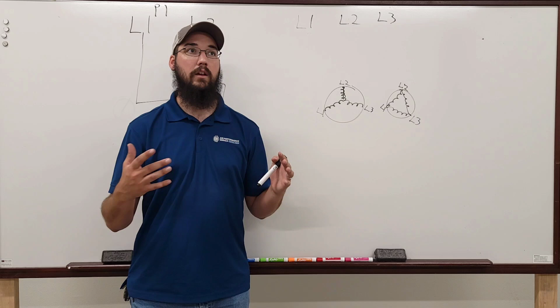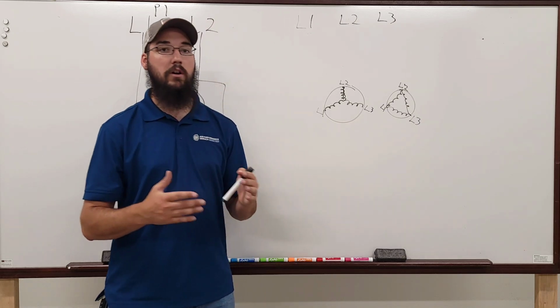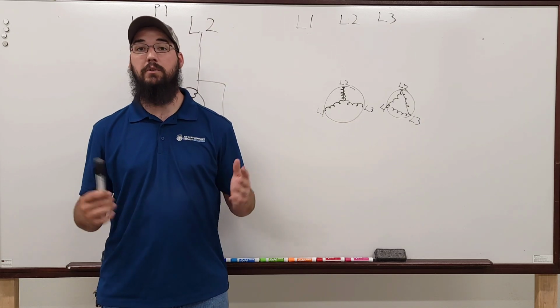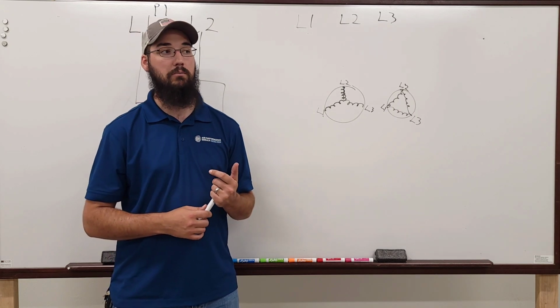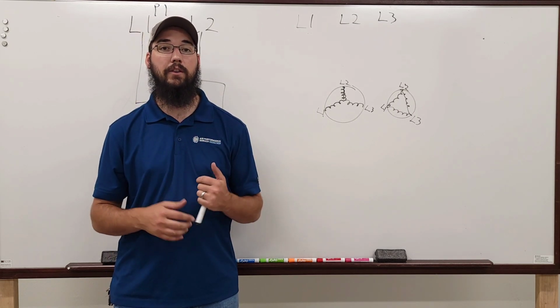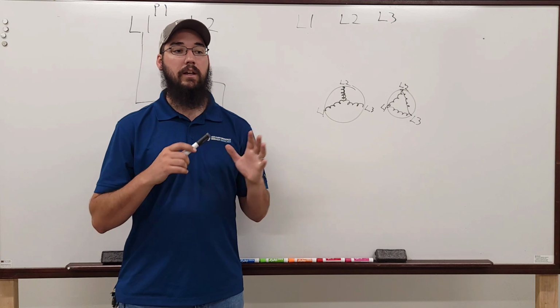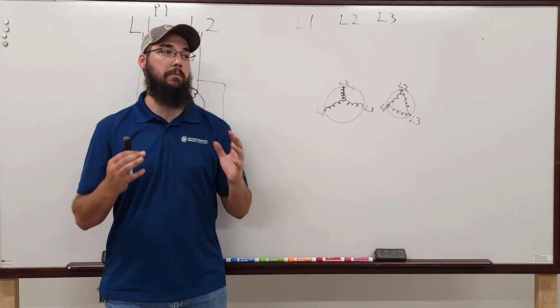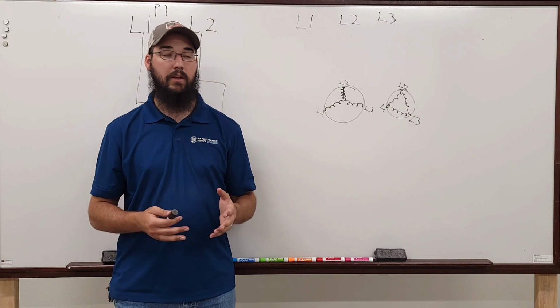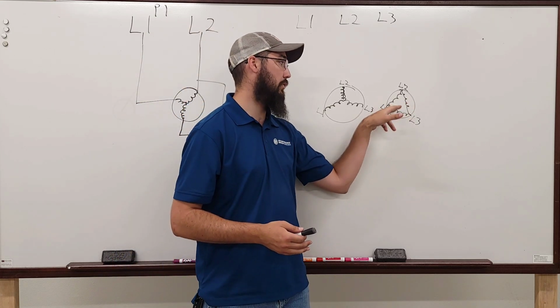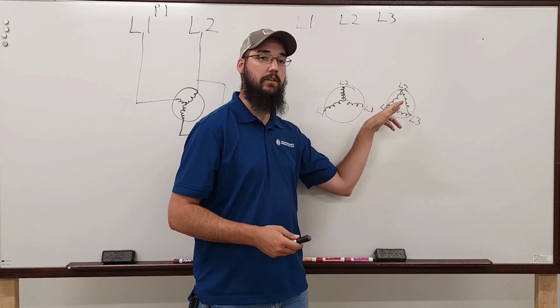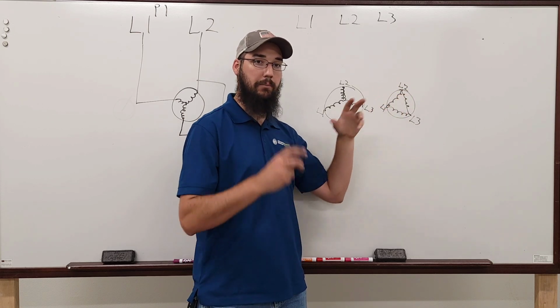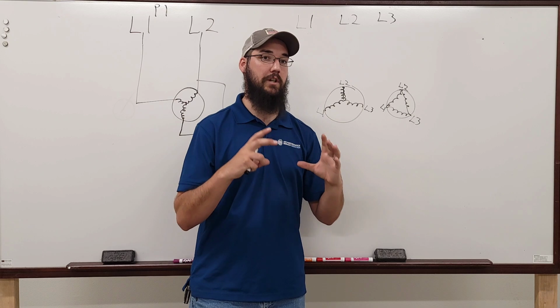So a majority of our buildings, actually all of our buildings, I don't know of a single building around our area that I've worked on personally that has a delta configuration on the incoming power to the building. Okay, it's going to have a transformer. It's going to basically look like this, right? So instead of a motor shape, just think of that as a transformer shape.